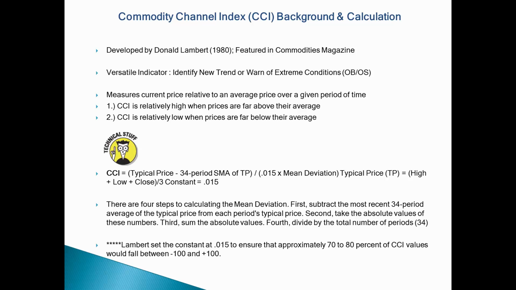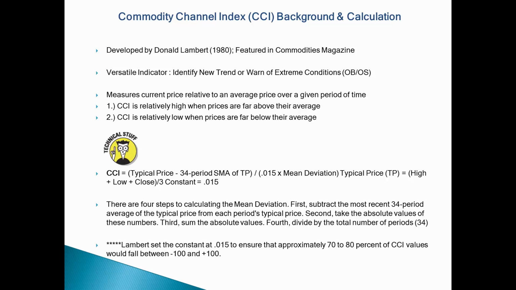The key thing we want to take away from the mathematics of the formula is that Donald Lambert created a constant figure that basically ensured that 70 to 80% of the CCI values would fall between 100 and minus 100.